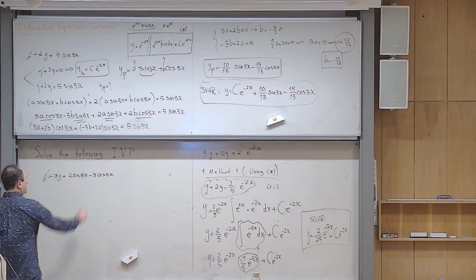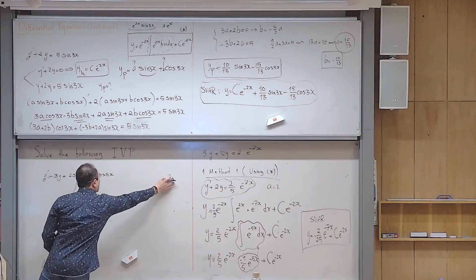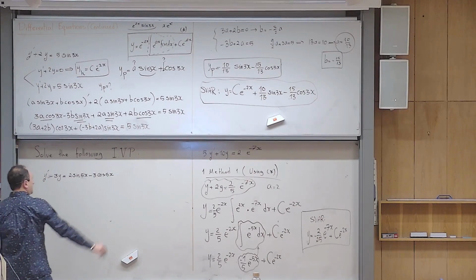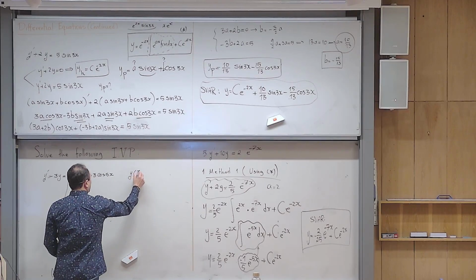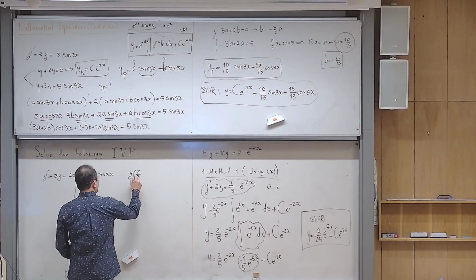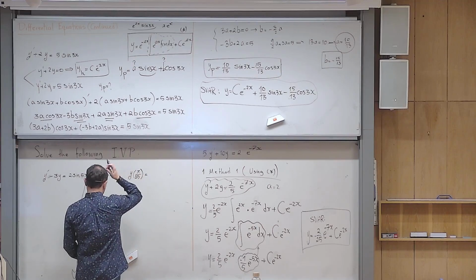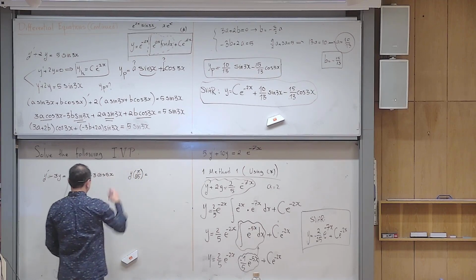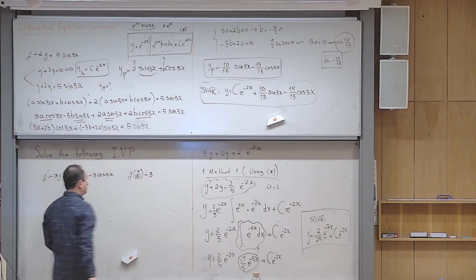And then when you see that this is an initial value problem, you need that something is coming. Let us say that y at pi over 15 is equal to 3.